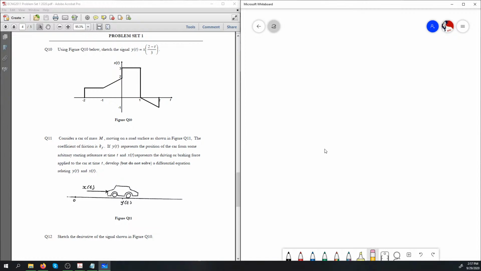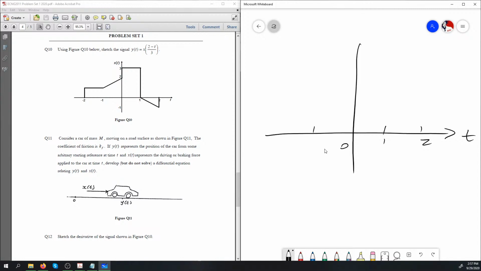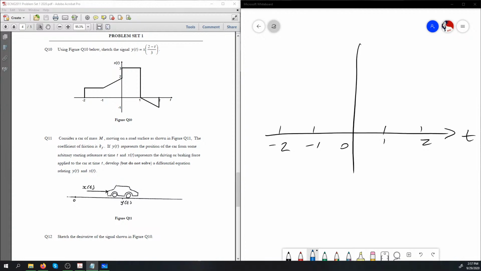Right, okay, so that works. So let's draw our axes here. We'll say this is going to be 1, 2, 0, minus 1. Hold on, let's make sure.